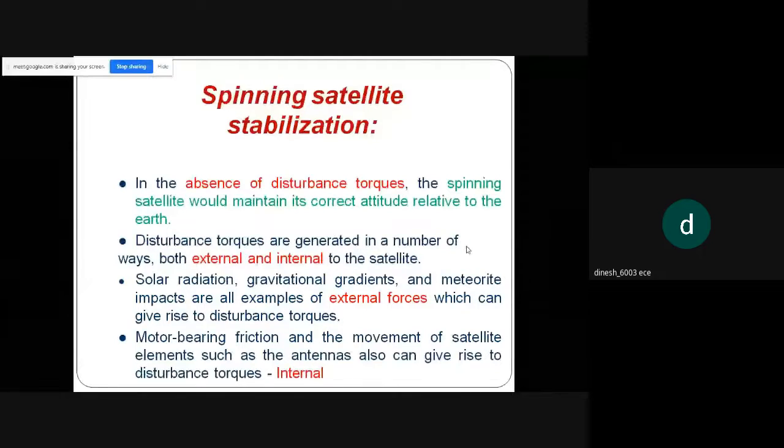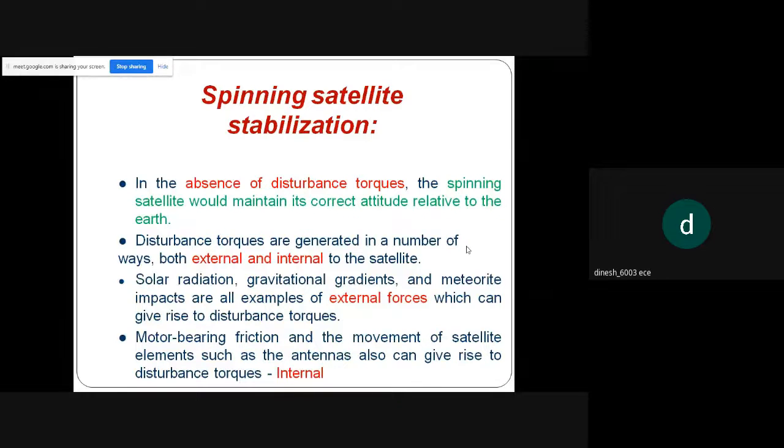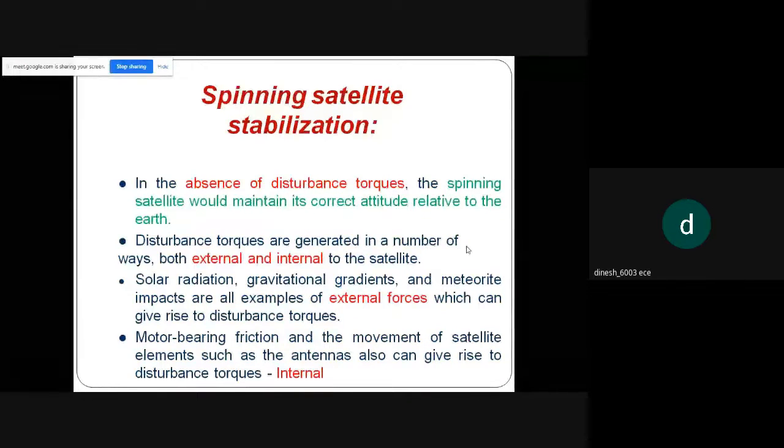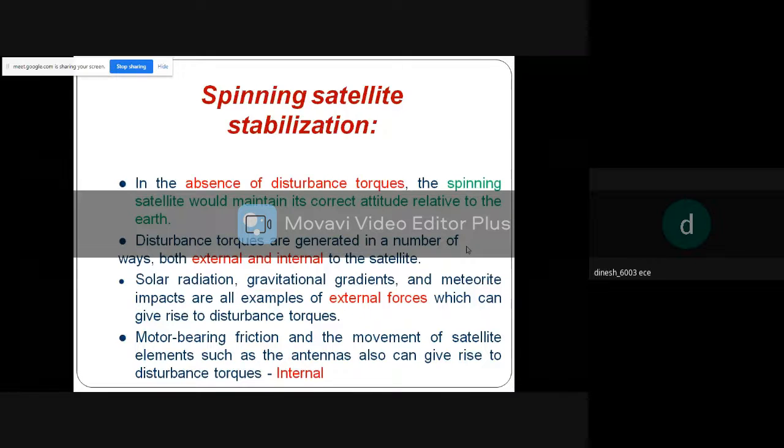Solar radiation, gravitational gradients, and meteoroid impacts are examples of external forces which give rise to disturbance torques. What are the internal ones? Motor bearing friction and the movement of satellite elements such as antennas also give rise to disturbance torques which are internal.